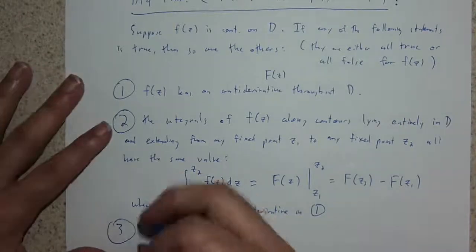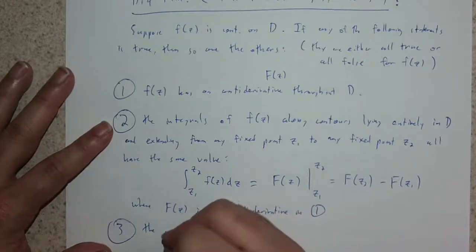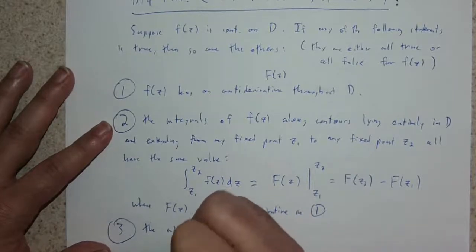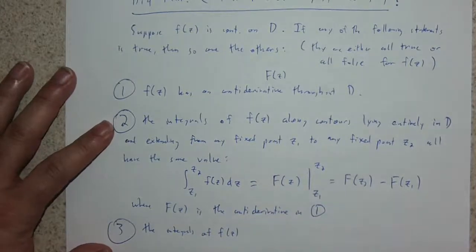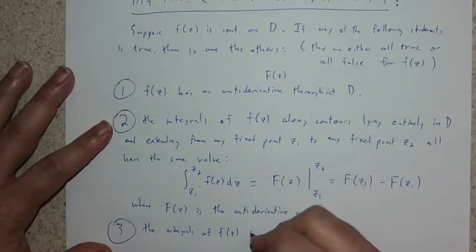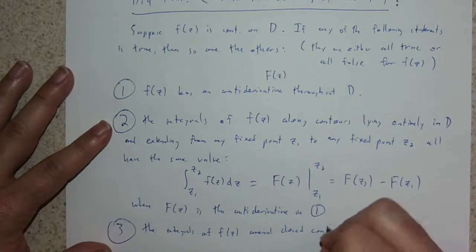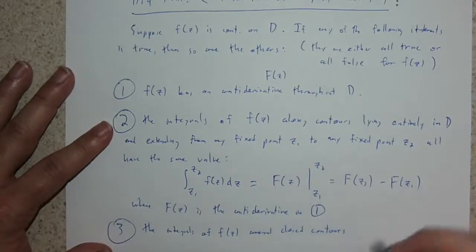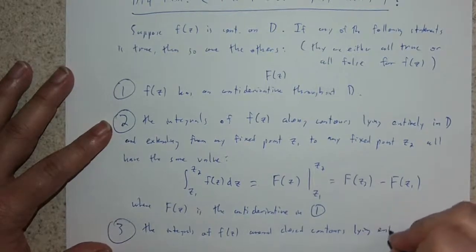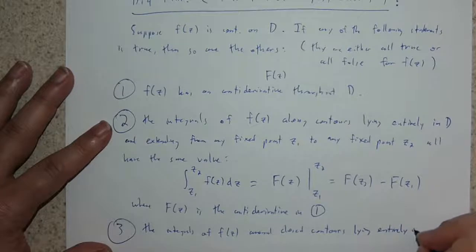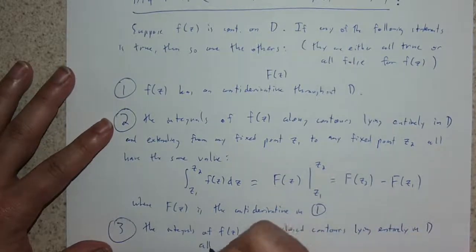And then lastly, touching on a point that was also mentioned in that example, the integrals of f of z around closed contours lying entirely in D all have value 0.